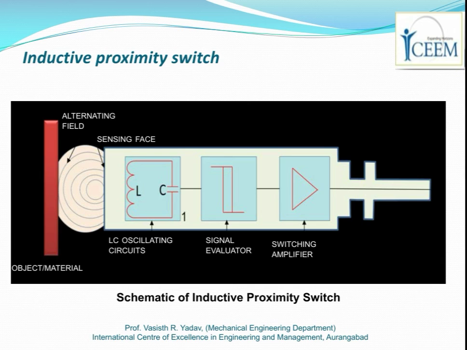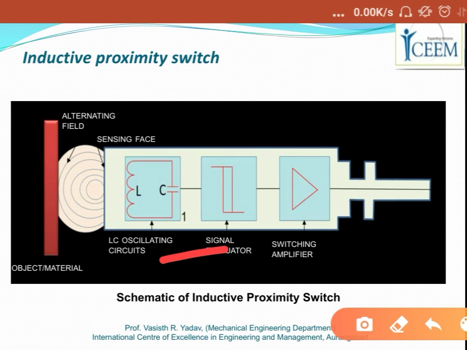Now, the inductive proximity sensor works very much like the previous one, our eddy current proximity sensor. When we talk about the construction of an inductive proximity sensor, it consists of all those things which an eddy current proximity sensor had.